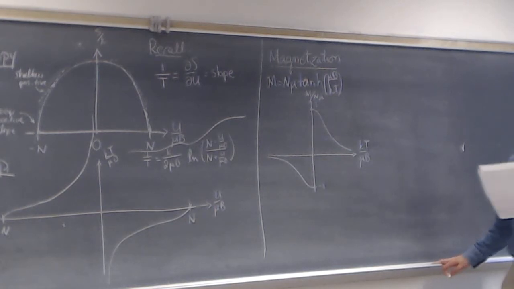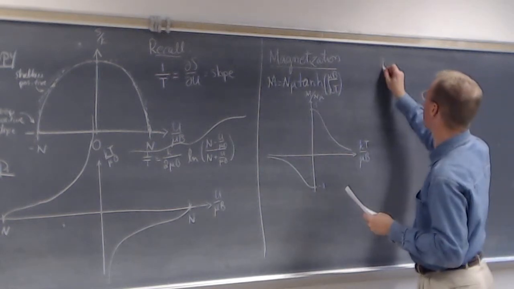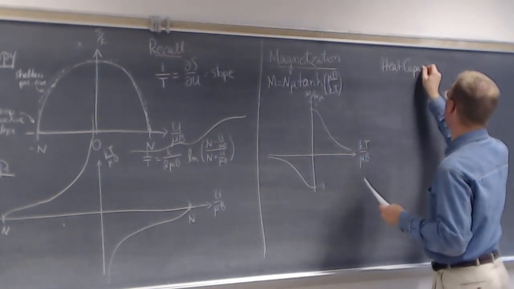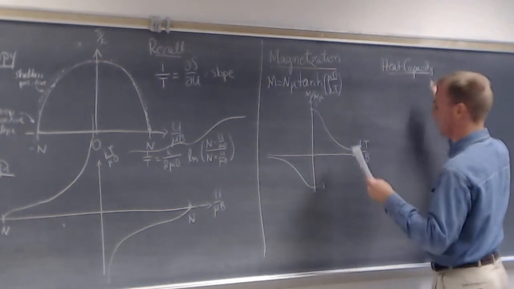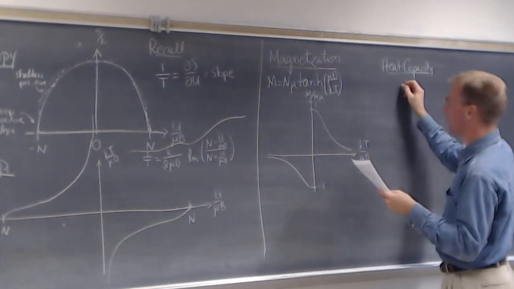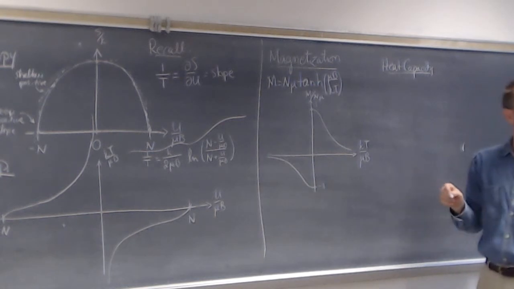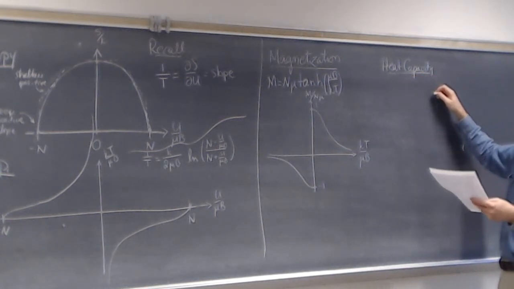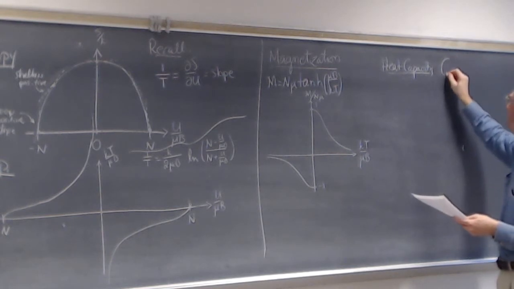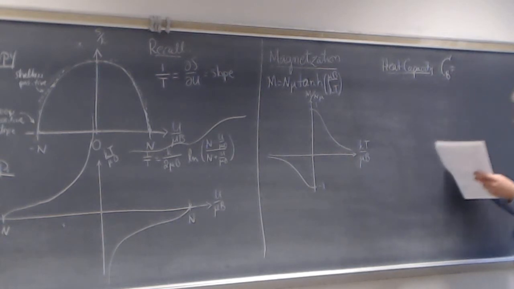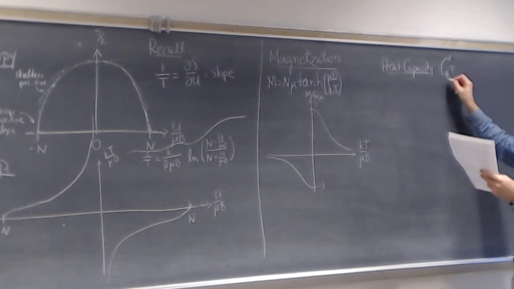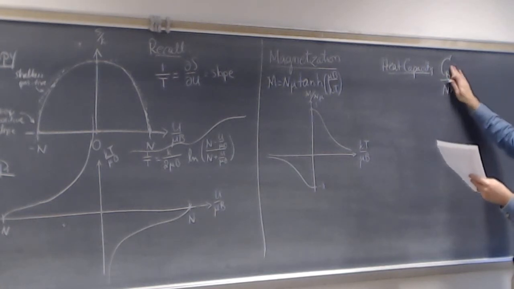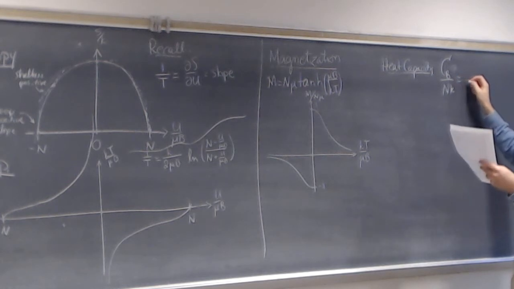And then finally, the heat capacity. We'll plot heat capacity over Nk. Let's see here. Our formula, recall, is C_B over Nk. I've already divided through by Nk here.